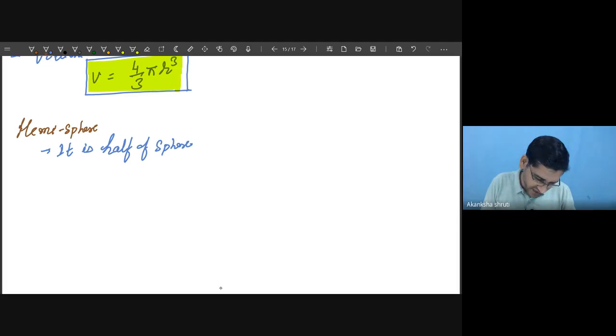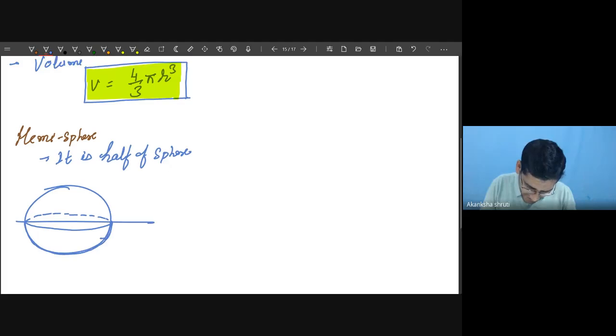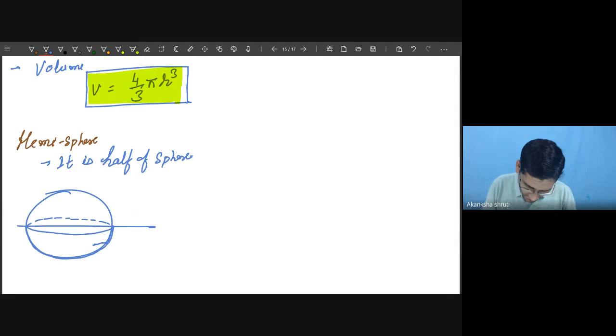So if this is the complete sphere, I am going to divide it by a plane into two equal parts. By cutting it, you will get this surface as the circular one. Are you getting it? It will be this circular one. And this upper half will be separated from the lower half.